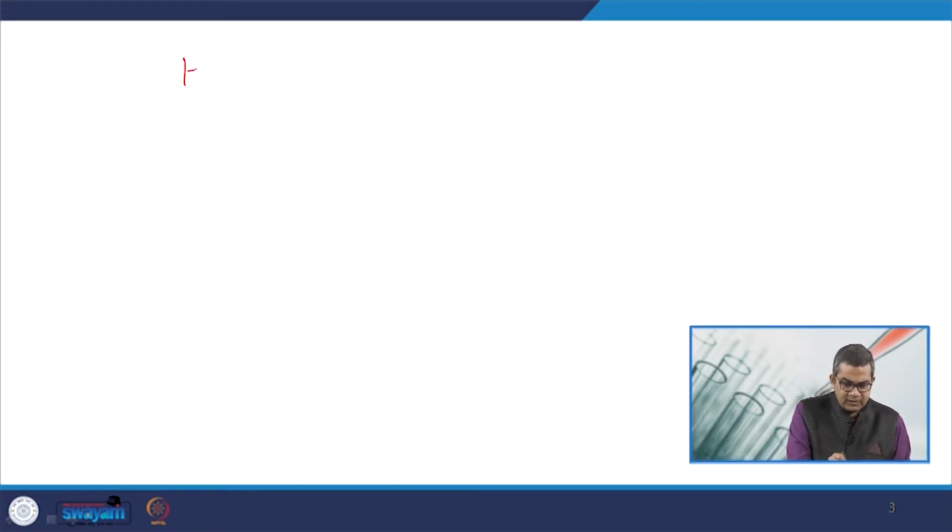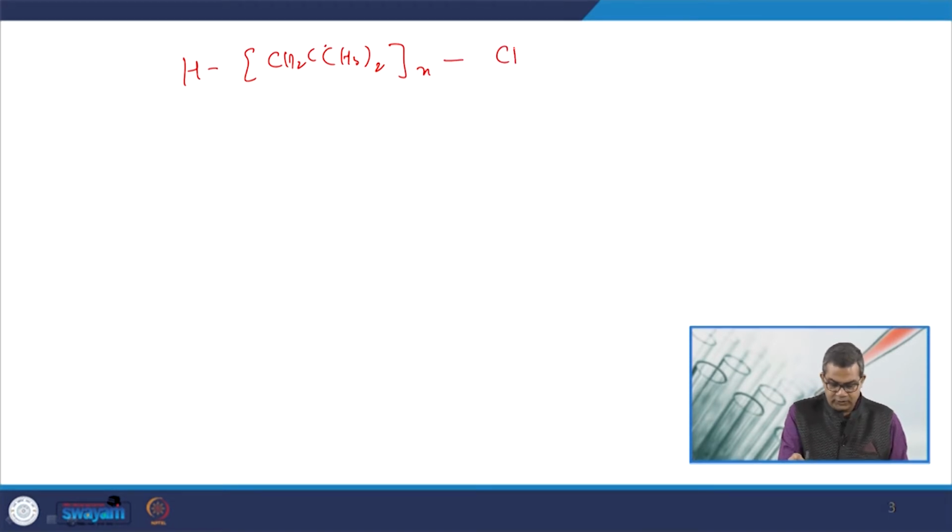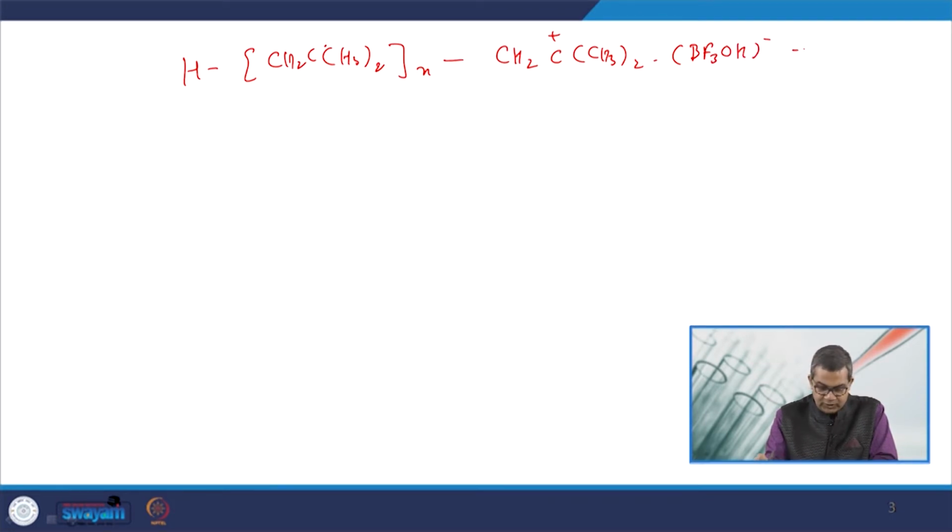Now, let us see this particular chemical reaction. CH3 twice and CH2. Now this is the positively charged CH3, and I am referring to the previous examples in this reaction. Now, this is CH2 double bond C(CH3)2.